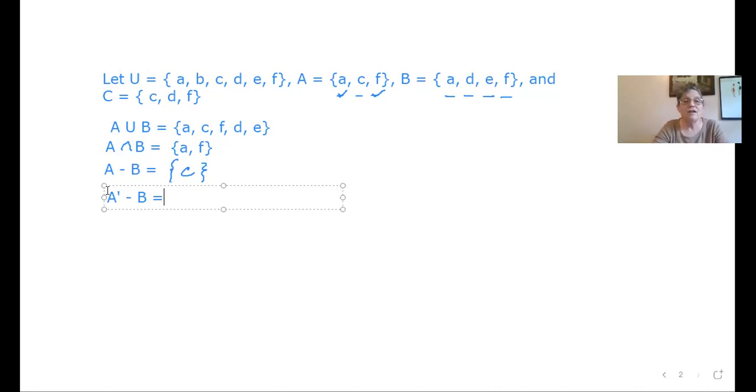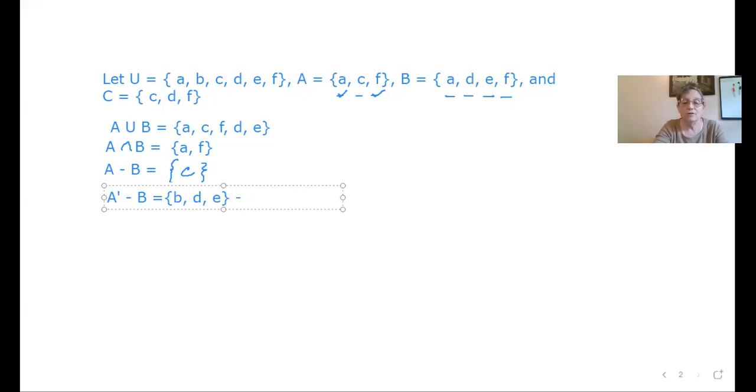Well, we cannot do that until we figure out what would be in not A. So not A. If A has a, c, and f, and the universe we're talking about has a, b, c, d, e, and f, then what is not in A that's in the universe would be the b, d, and e. So we've got b, d, and e.